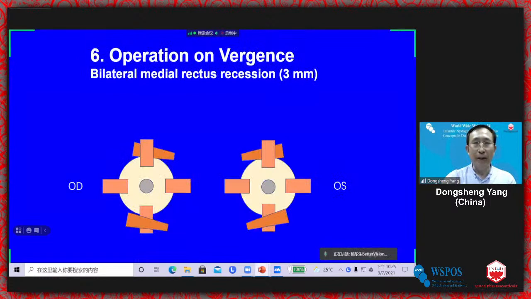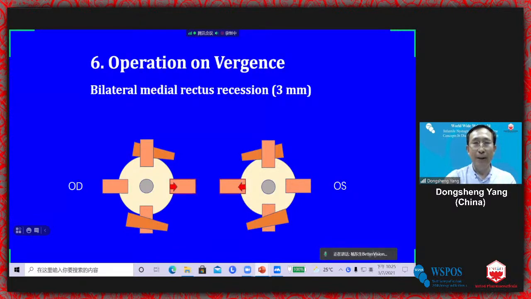So number 6 is working on the vergence. It's simply recessing the bilateral medial rectus by 3 millimeter. But for this surgery, I always have some difficulty selecting the patient.